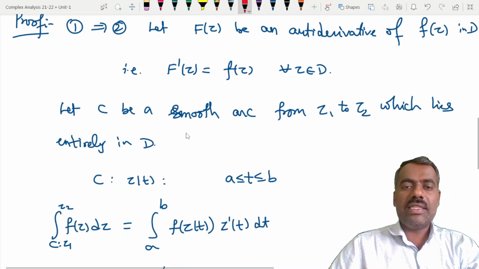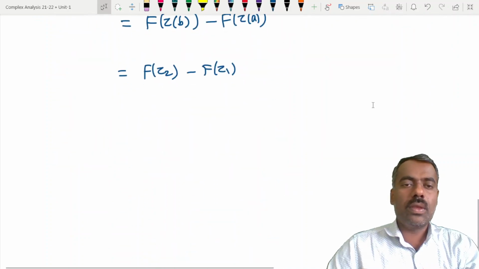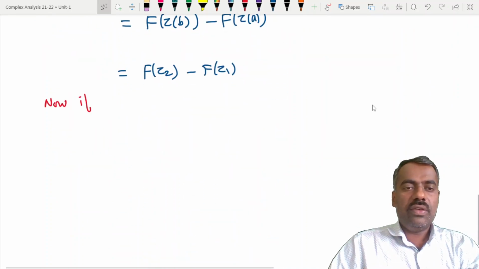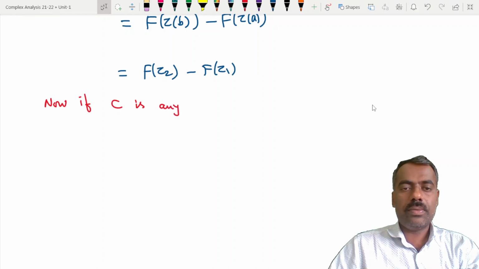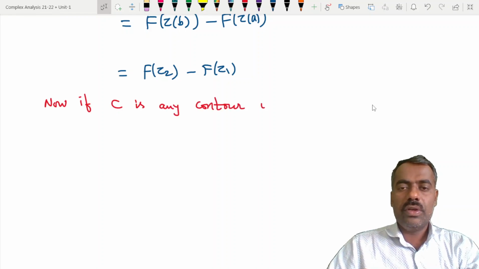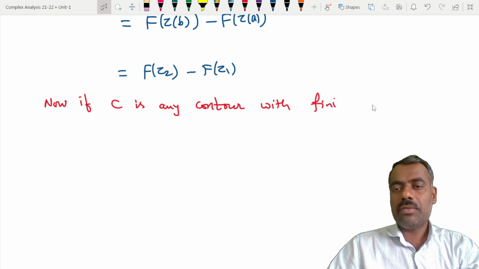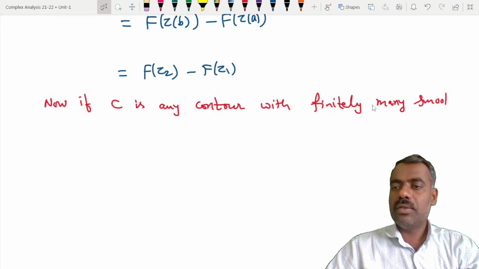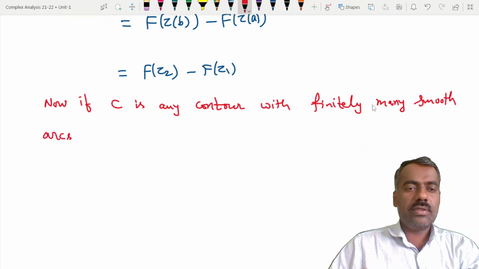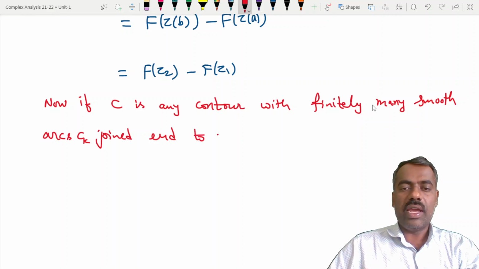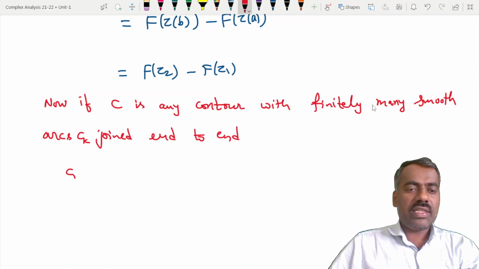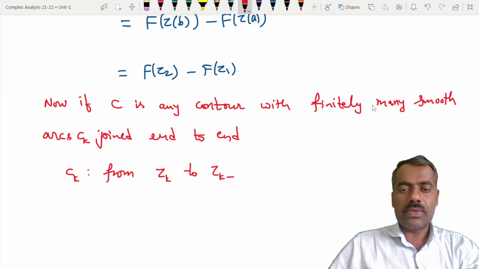Now let's see the case where C is any contour with finitely many smooth arcs joined end to end, where Ck goes from zk to zk+1.